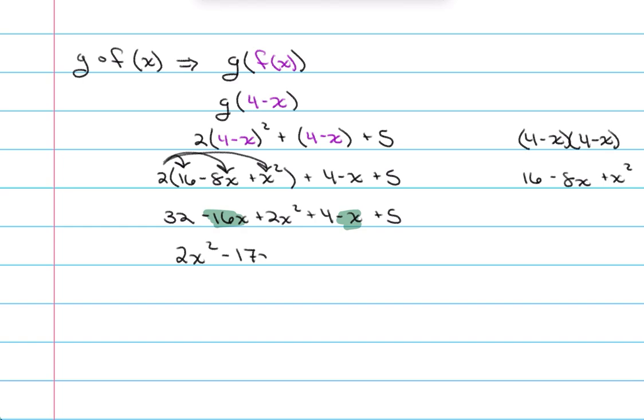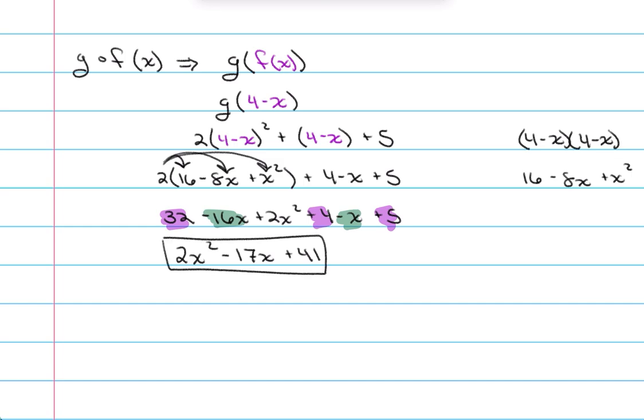And then I will have 32 plus 4 plus 5. So that ends up being plus 41. And there's my g of f of x.